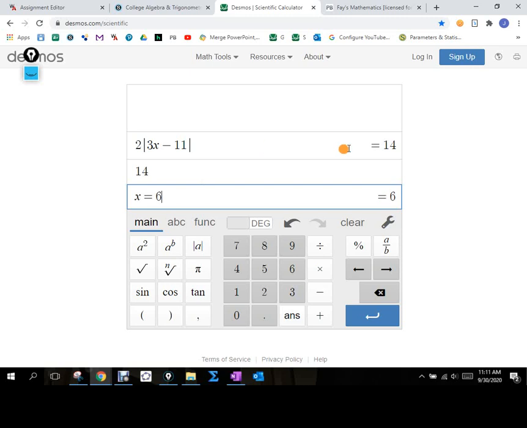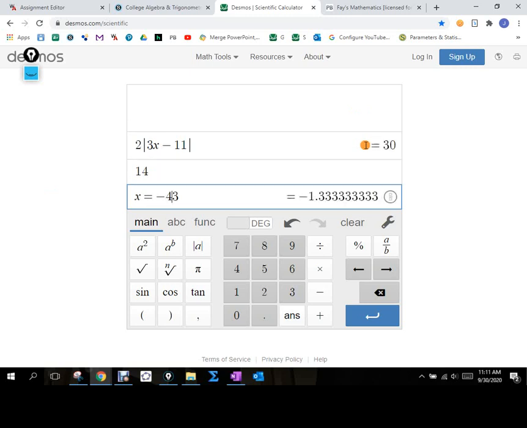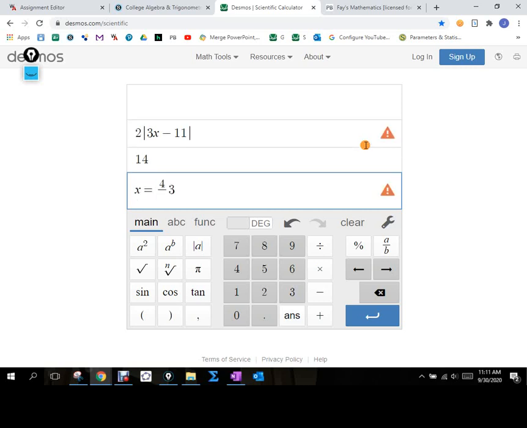So x was 6, does it give me 14 and 14? Okay. And the other one was positive 4/3. And then we see we get the 14 again. So that shows us that both are answers.